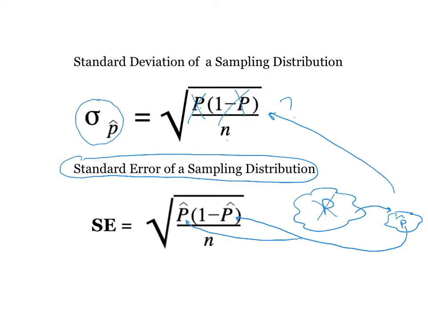It's kind of a terminology thing, but you need to realize that because we're estimating p, we are estimating that sampling distribution, and our best guess for p is p-hat. So this is what becomes the standard error in our confidence interval equation.